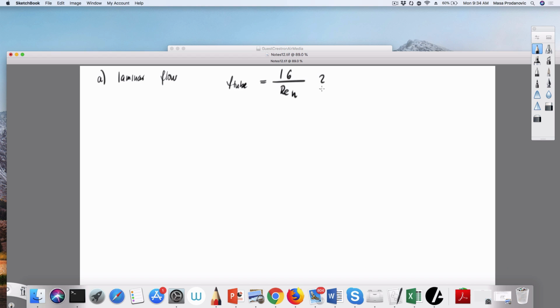Well, when compared to experiments, 16 over Reynolds didn't work, but 100 over 3 Reynolds worked better. Fits experimental measurements better.